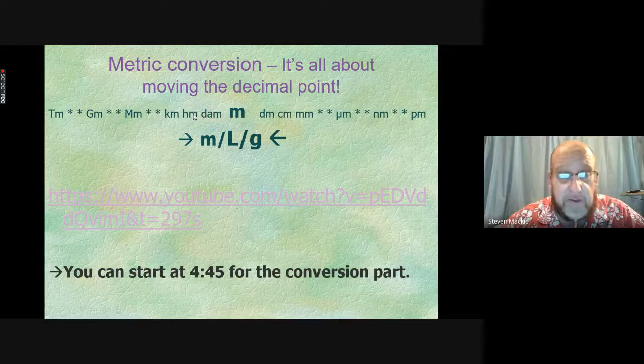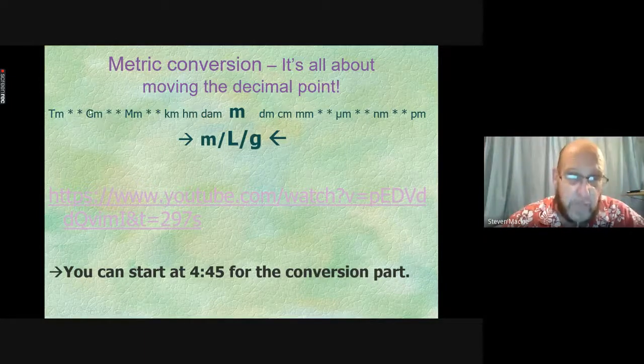A hectometer is 100 meters. A kilometer is 1,000 meters. This asterisk is 10,000 meters. This asterisk is 100,000 meters. This capital M is 1,000,000 meters. This is 10 million, 100 million, a billion, 10 billion, 100 billion, a trillion. So these little asterisks represent decimal points, decimal holding places.